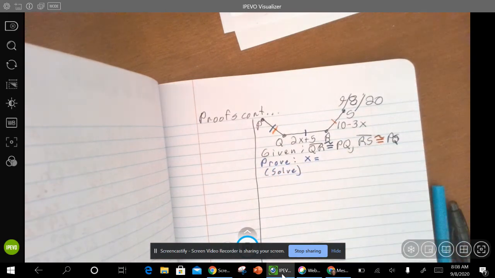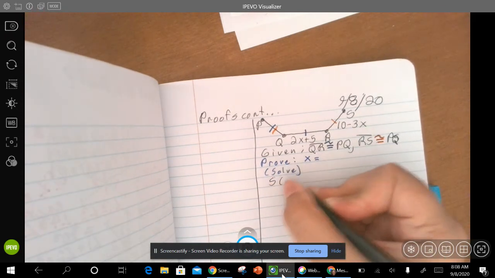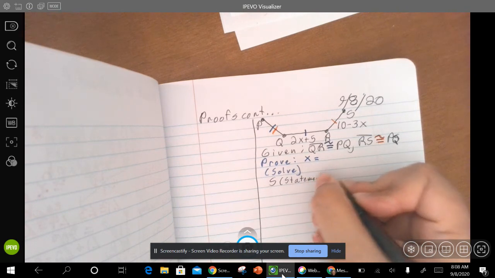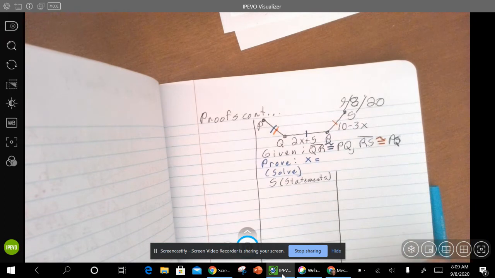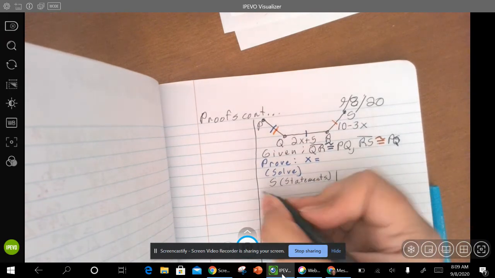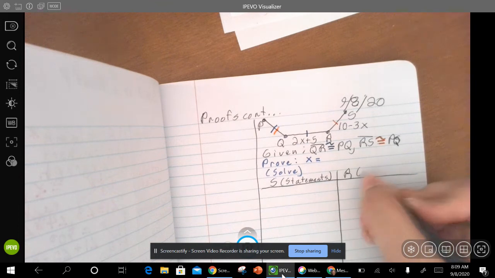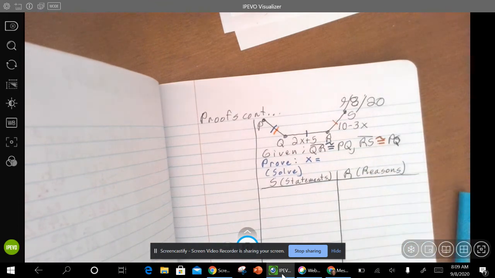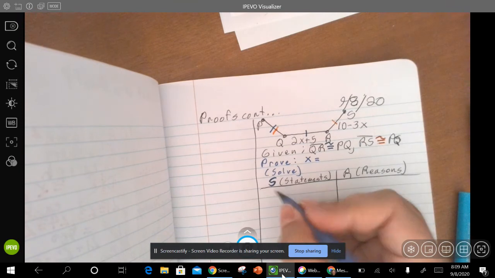So we're bringing in our algebraic proofs, and everybody, you can just do an S for statements and an R for reason in our T-charts. We always start with our givens.